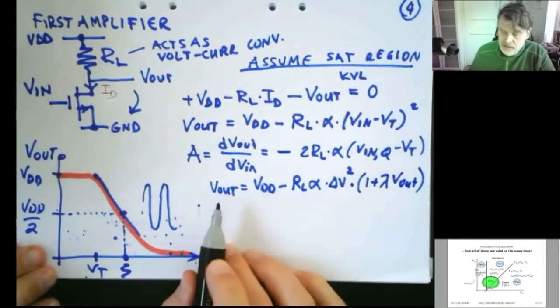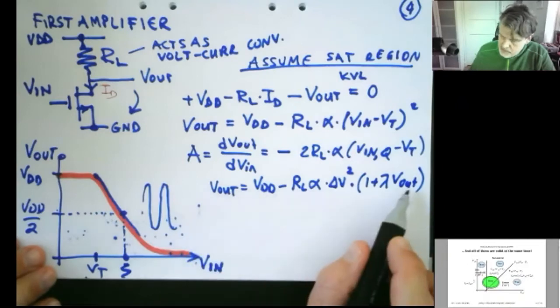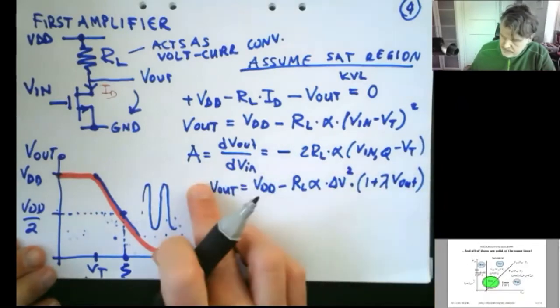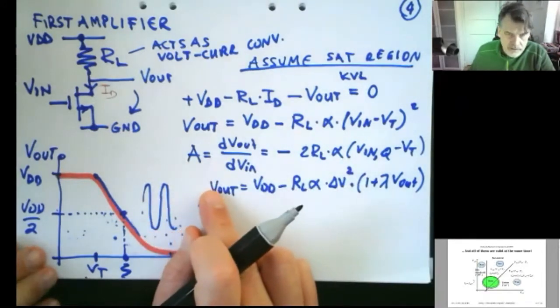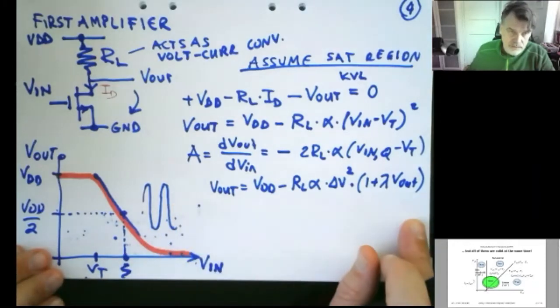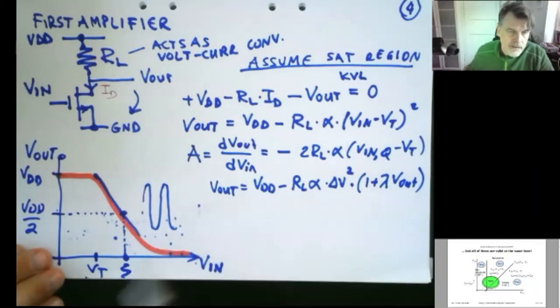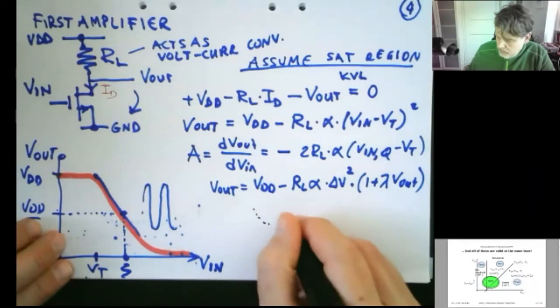Okay, now we see it's a little bit more tricky. It's not difficult to solve this, but I would have to bring out V out lambda to the other side, and I would get the delta V squared also on the left-hand side of the equation. I have to divide both sides, and I will get some sort of expression which is delta V squared divided by something delta V squared. I have to take the derivative of that, and so on.